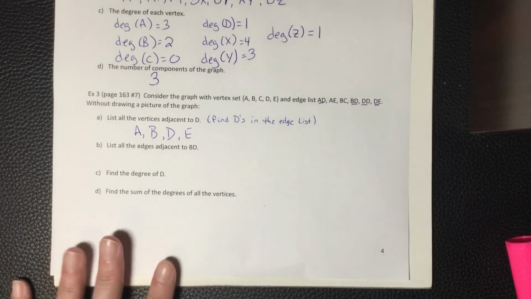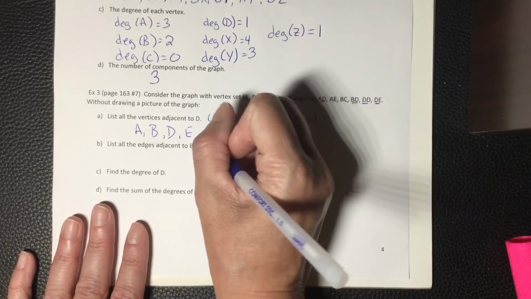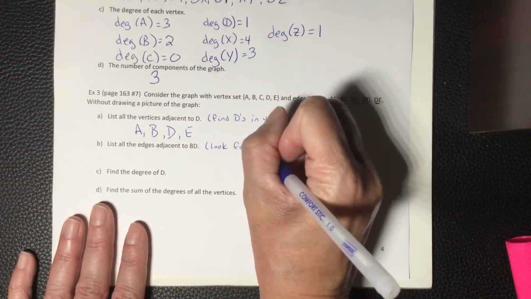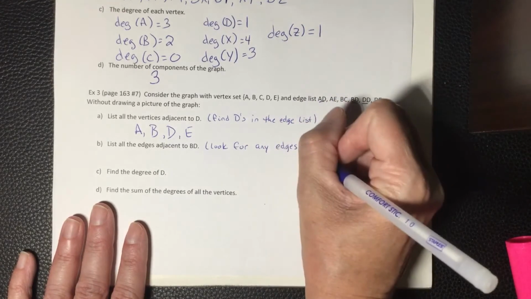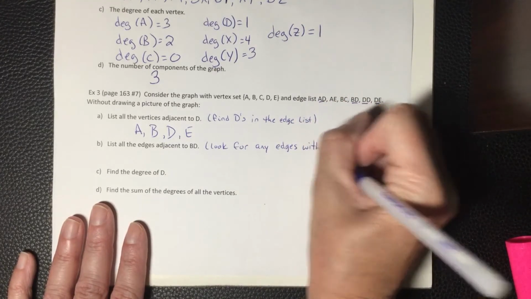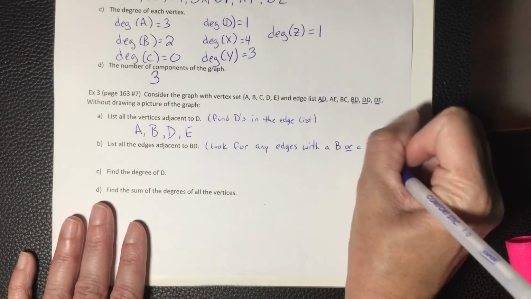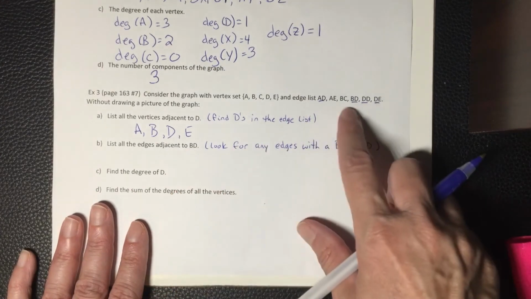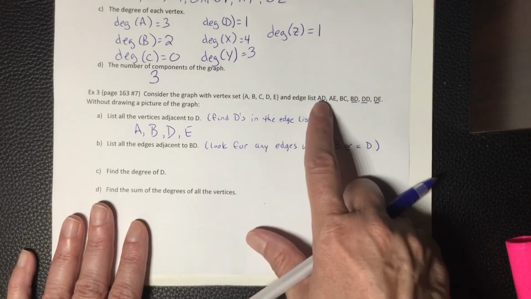Alright, so part B, we're asked to list all the edges adjacent to BD. So here what we do is we look for any edges with a B or a D. Now we don't want to include the one given to us in the list, so we're going to take that one out. But as we go through the list, if it has a B or a D in it, we're going to write it down.